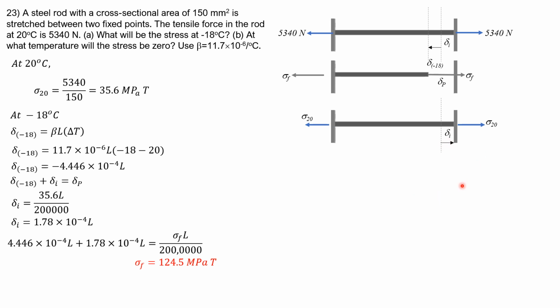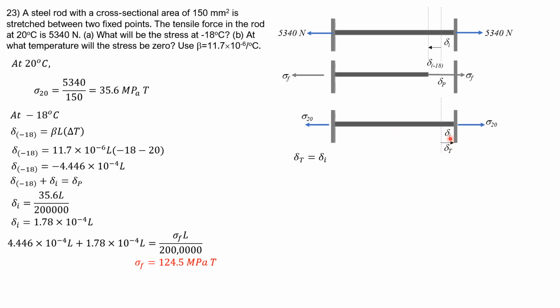So that's delta initial, and this should be the delta also due to thermal expansion, delta T. In other words, the temperature should increase, not decrease like here, because if it decreases, the tensile stress in the bar will increase further. You see 35.6 to 124.5. So the temperature should increase. It should be higher than 20 degrees Celsius in order that the final stress will be zero. So this is the idea.